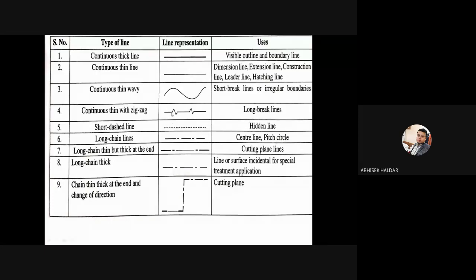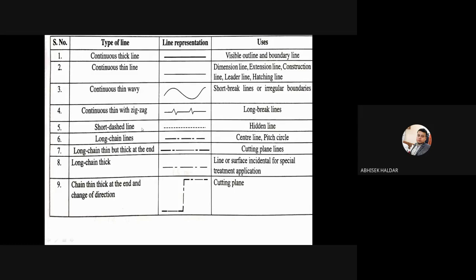That means straight, then zigzag, then again straight, then again zigzag. If you show it like this at the middle, then I will understand that the length you are denoting is very long. So it is known as the long break line, and the type is zigzag.